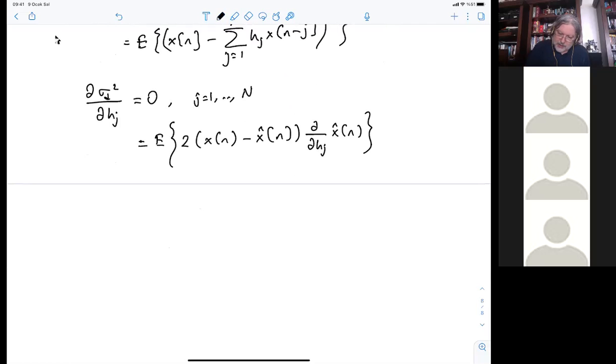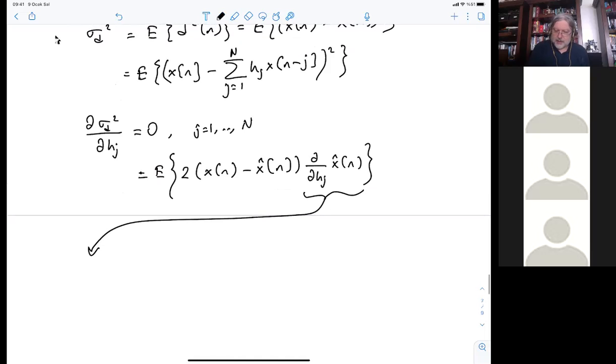I want to start from this part. What is the derivative of the prediction? The prediction is this with respect to hj for a j. It's not a running index anymore. We choose one of those hj's. And when you choose that hj, you notice that it is multiplied by xn minus j.